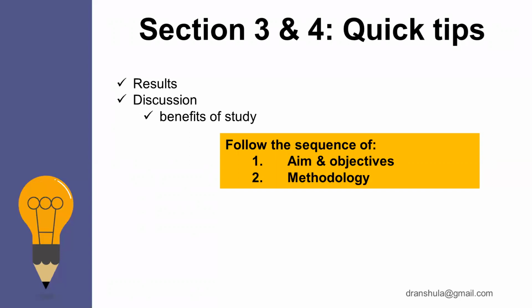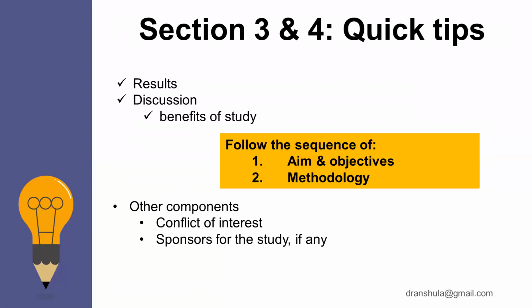Whereas in discussion, you should mention the benefits of the study and compare it with previously published work or literature available, following the sequence of your objective and methodology. Other components are conflict of interest, sponsors for the study, if any, and references. All these things should be very clearly mentioned in your discussion part.